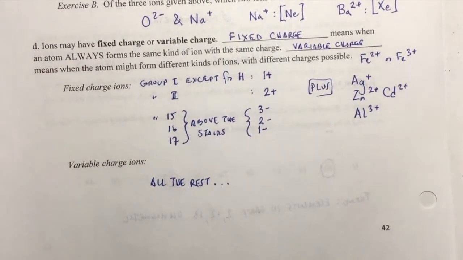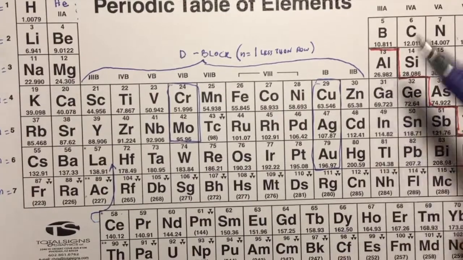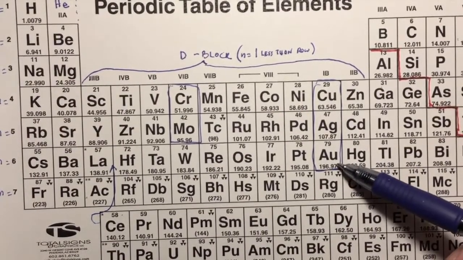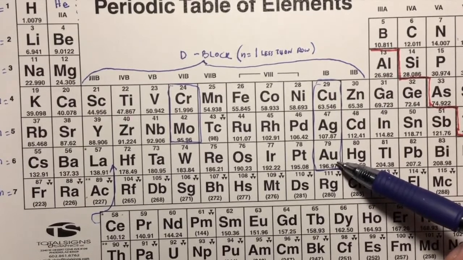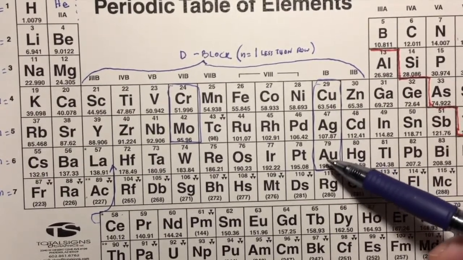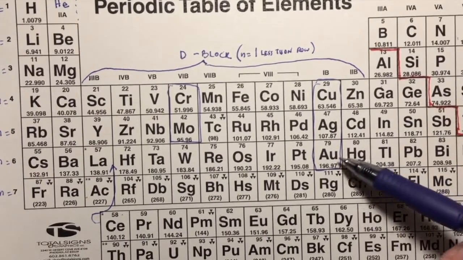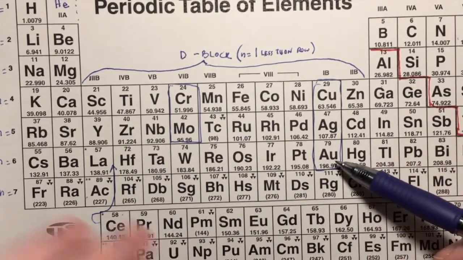So let me give you a couple of examples. Let's pick gold. Is that a fixed charge or a variable charged ion when it forms an ion? Well, it starts out neutral, right? Everything on the periodic table is neutral when it starts out. Is it going to gain or lose electrons? Well, it's a metal, so it will lose electrons.